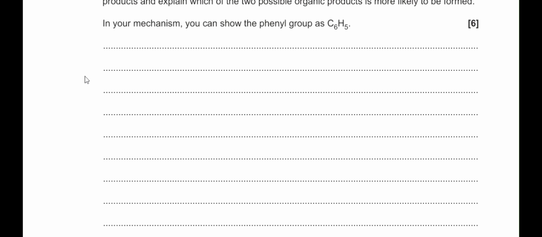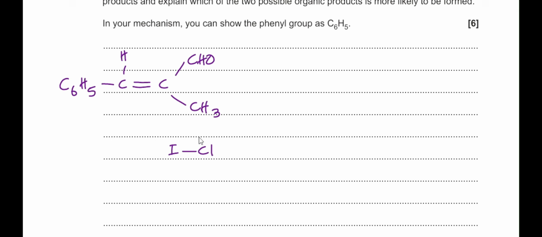So drawing the structural formula, we have C6H5, the phenyl group here, CH double bond C, CHO, and then we have the methyl group here, and here ICl is close by with a delta positive charge on the iodine and a delta negative on the chloride.